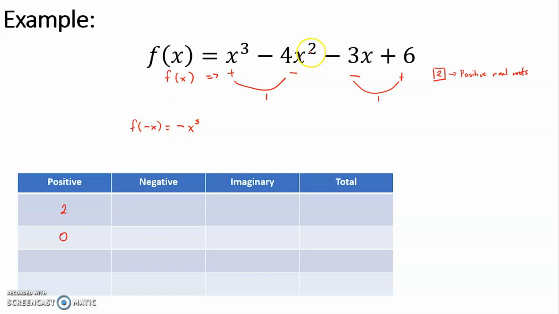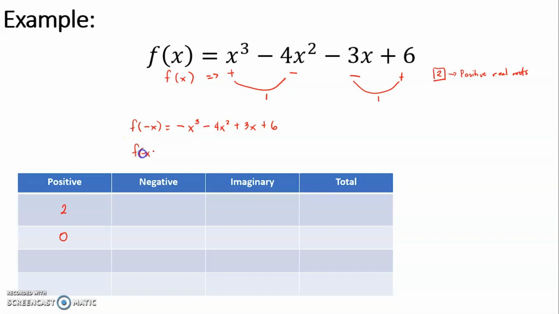Negative x squared is positive x squared, times negative 4, so that is negative 4x squared. Then 3x: 3 times negative x is negative, and with the negative sign in front, it becomes positive. And there's no x in the last term, so plus 6. Then, let's check the signs.